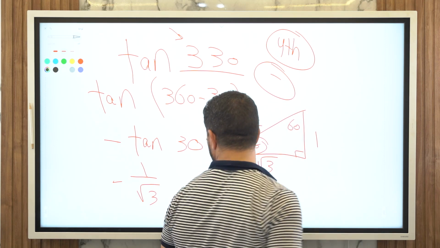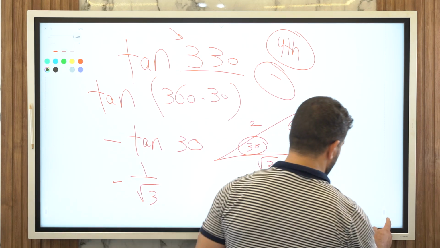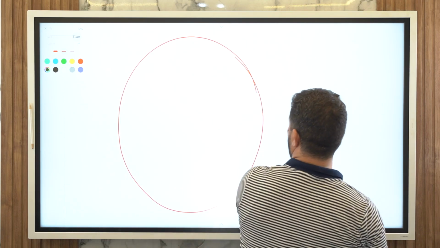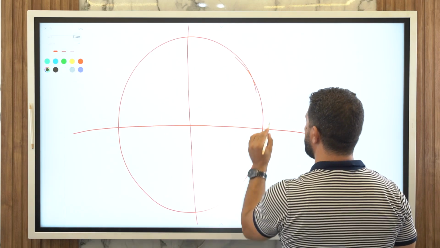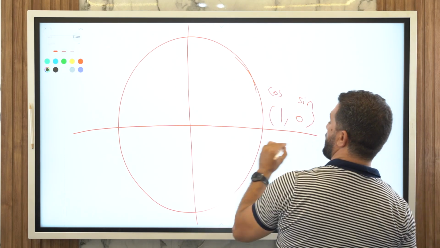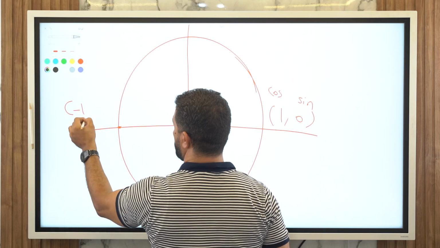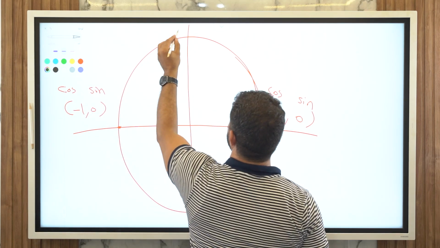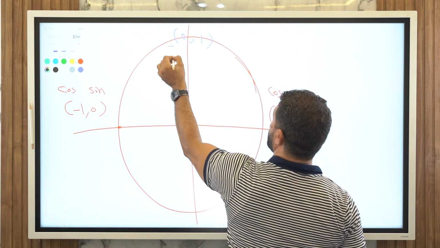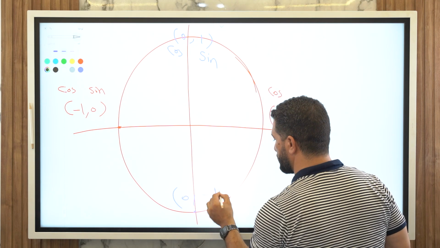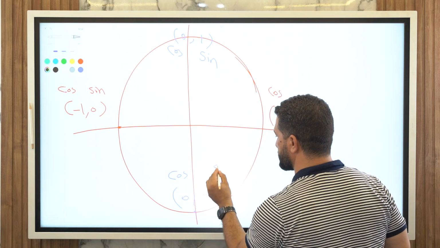That's it. Now let's go to the unit circle again. Don't use the calculator for these angles. This angle here is 1 and 0, that's cosine and sine. And here the two coordinates negative 1 and 0, cosine and sine. And here 0 and 1, and here 0 and negative 1, also cosine and sine.